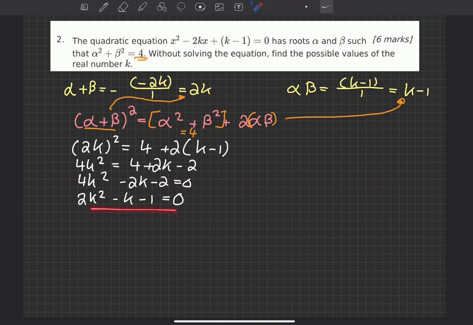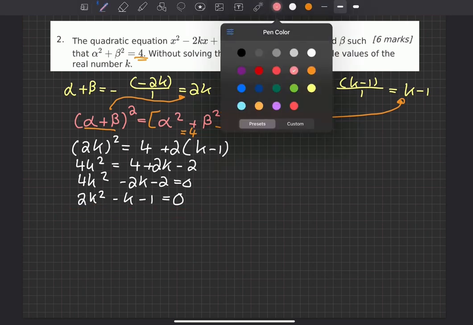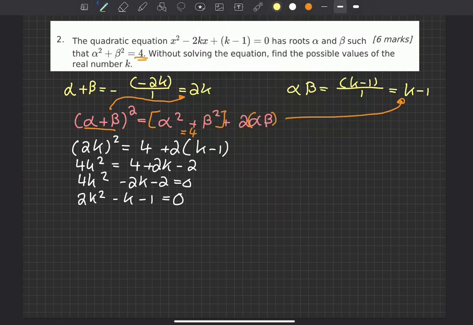And now what we have here is a quadratic, right? To find the value of k in a quadratic equal to 0, to find the roots, all we have to do is use the quadratic formula. So k equals, b is minus 1, so negative that is 1, plus or minus root 1 plus 8, because I just plug in the values for the quadratic formula, and over 4.